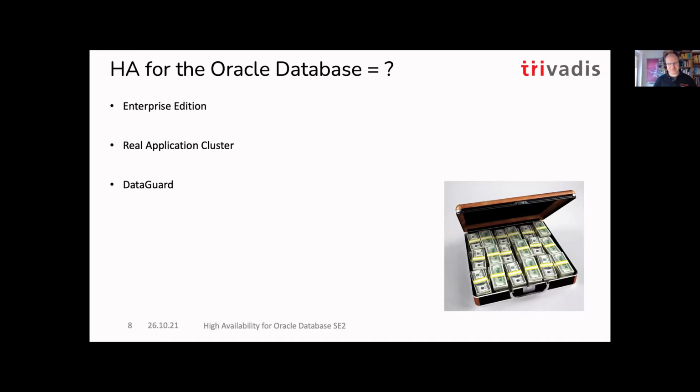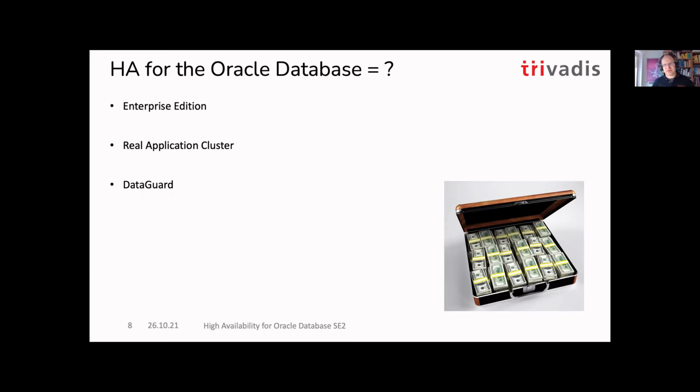Enterprise Edition is licensed by CPU, with some base price. Real Application Clusters is an additional 50% on this base price per CPU. Data Guard or Active Data Guard is really another 25%. So really expensive.